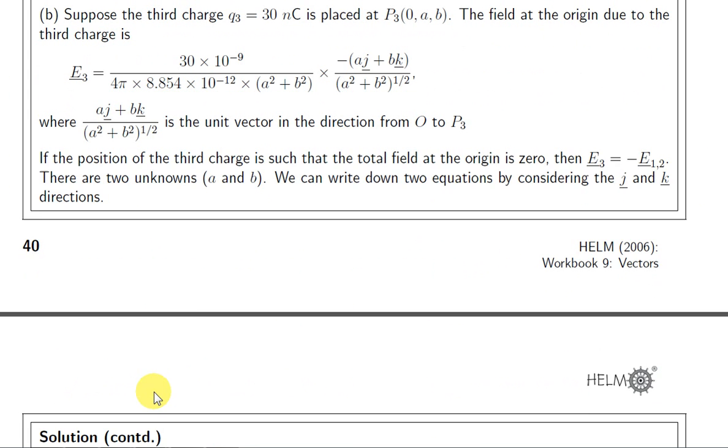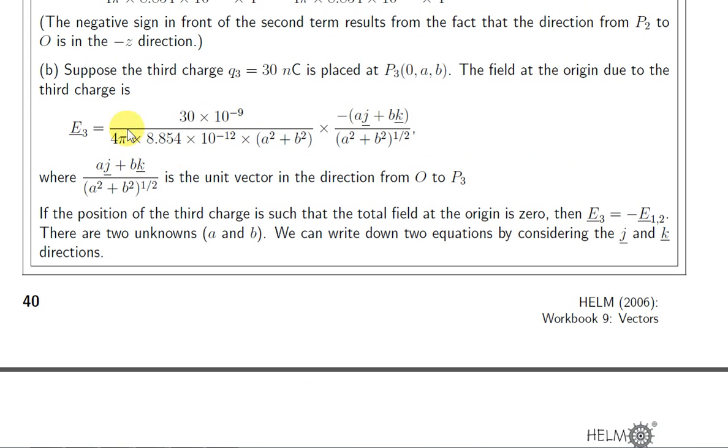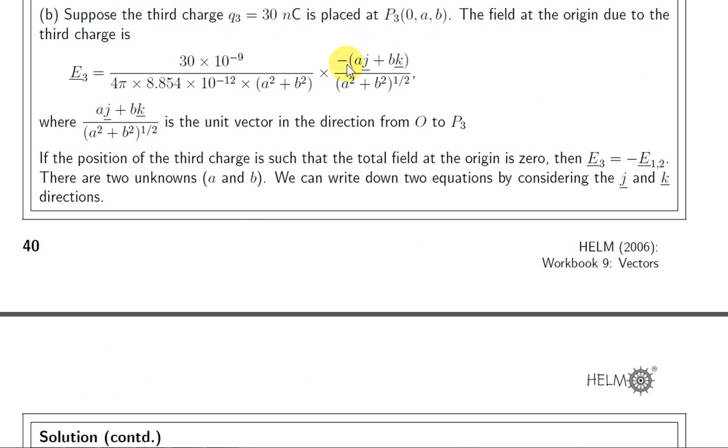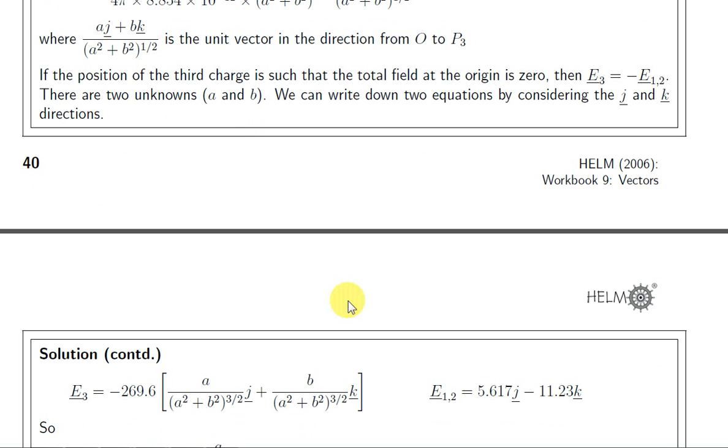Now 269.6 is the result of calculating this number here, 30 by 10 to the minus 9 over 4 pi times 8.854 times 10 to the minus 12. So that's going to give you plus 269.6, and then we have the minus sign from here. So that's the J component, and the J component must be equal to 5.617.